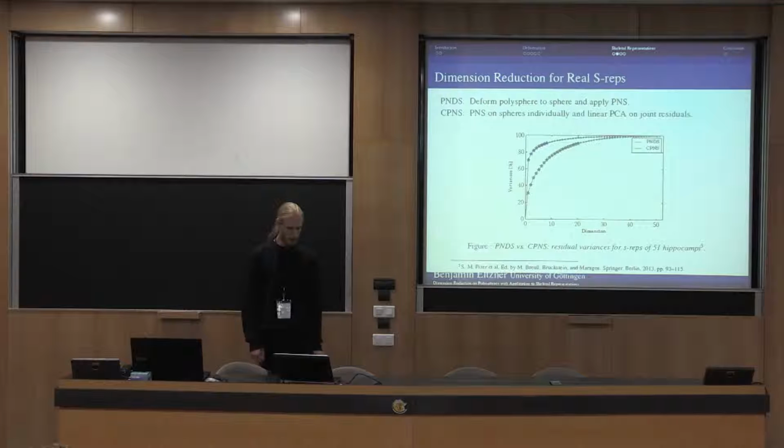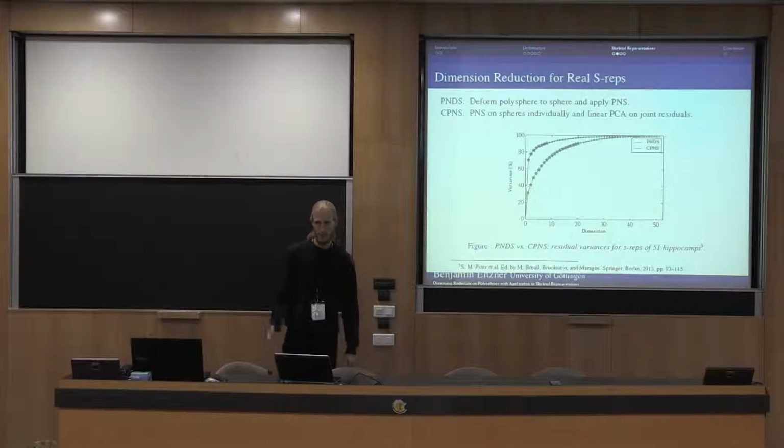And then we compare this to a method that is currently used by the SREP people for dimension reduction, namely CPNS, where they do PNS on each of the spheres of the polysphere individually, and then do a linear PCA on the joint residuals. So this is where the residuals, the distances to the spheres, come in. So the bulk of the dimension reduction, and the correlation among the different spheres, is only done by linear PCA, whereas in our case we first deform our polysphere to a sphere and then apply PNS on the whole thing.